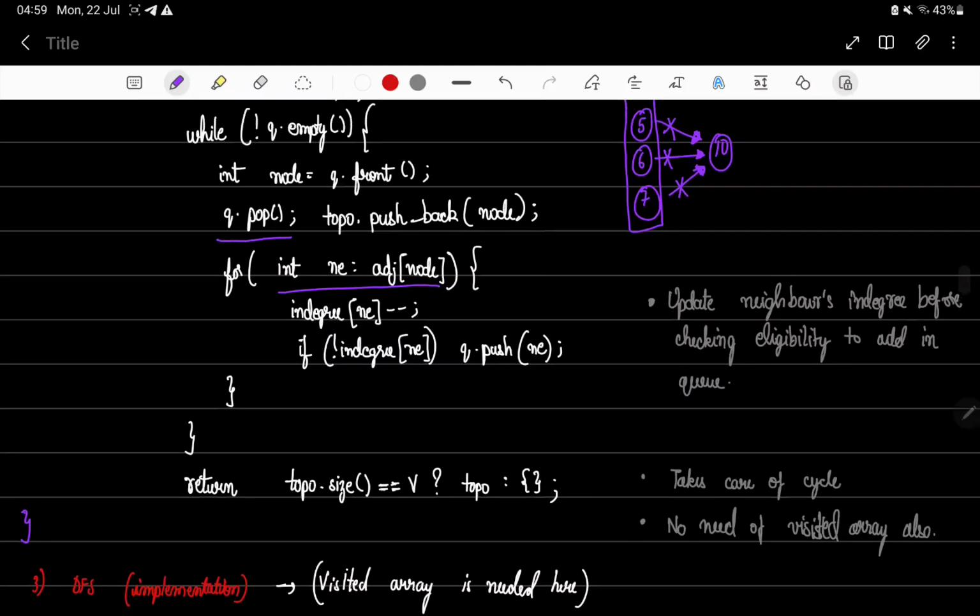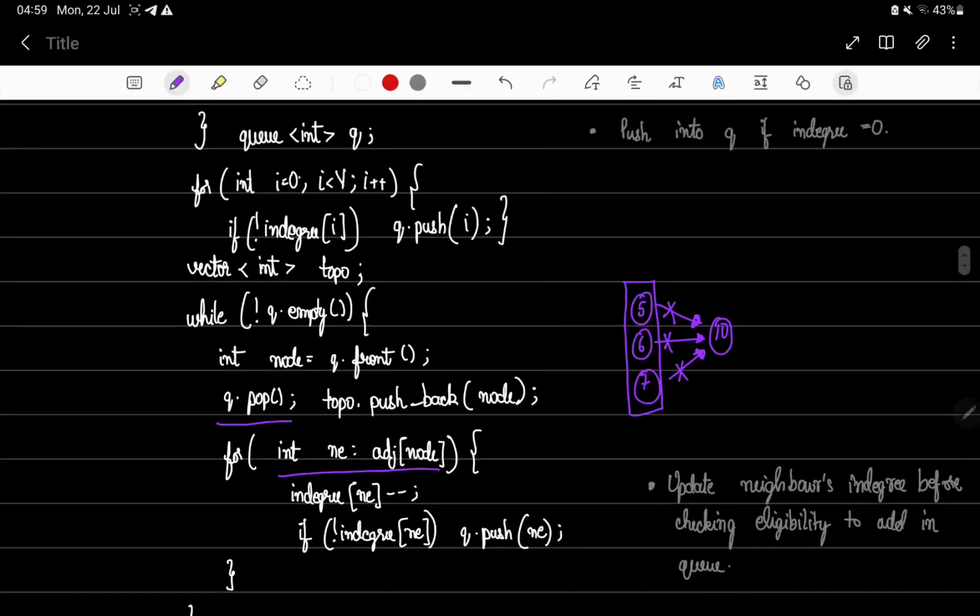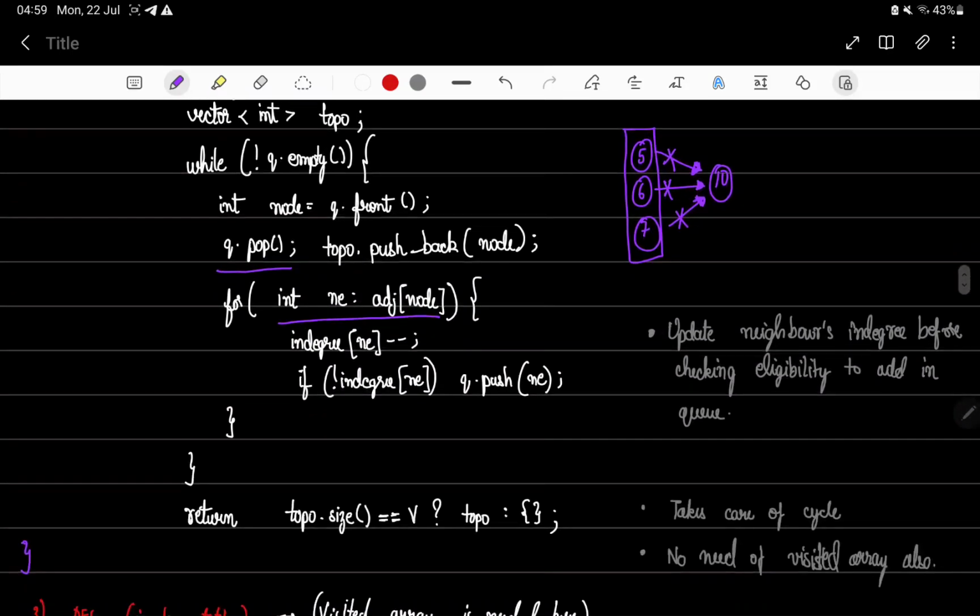Now there might be a case where there is a cycle, where it will just come out of the loop and we won't have an in-degree of 0 anywhere. Suppose there was 1 to 2, 2 to 3, and then 2 to 1. Now every in-degree over here is 1.